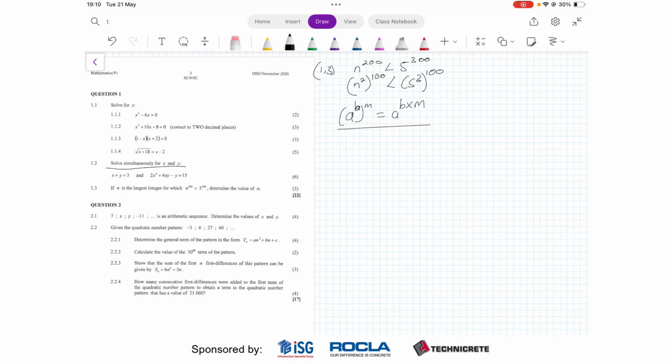This is the law of exponents that we are using to solve this inequality.